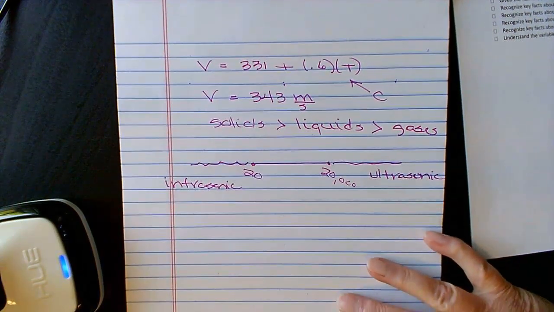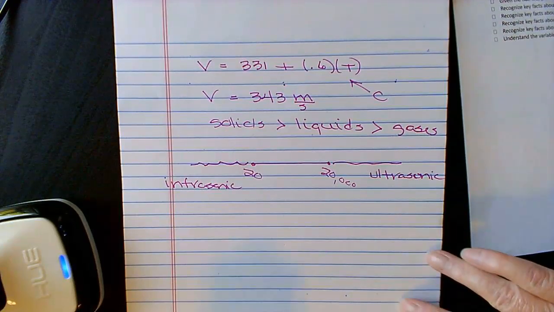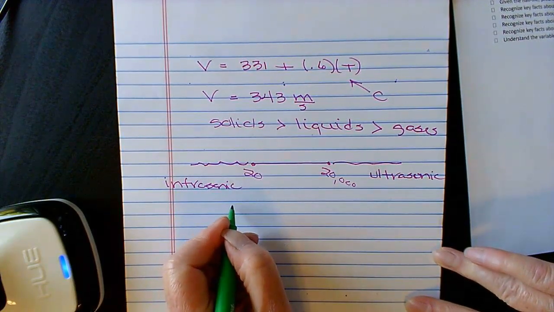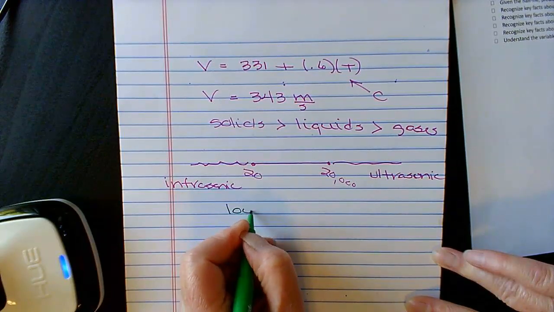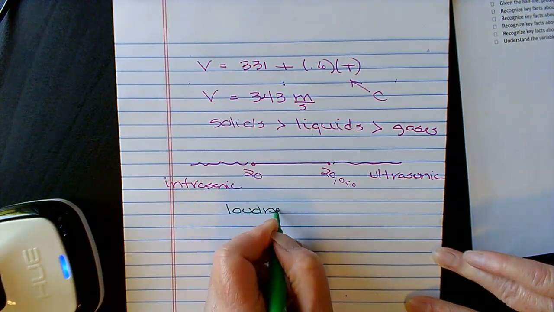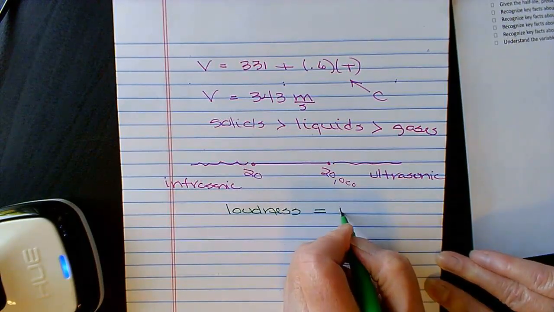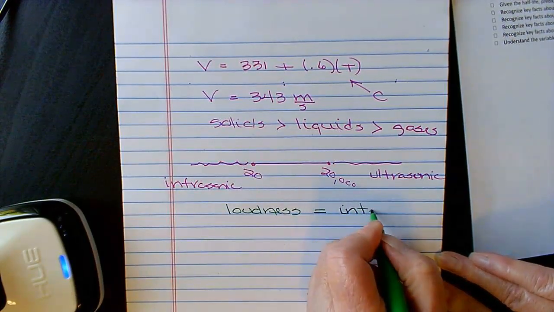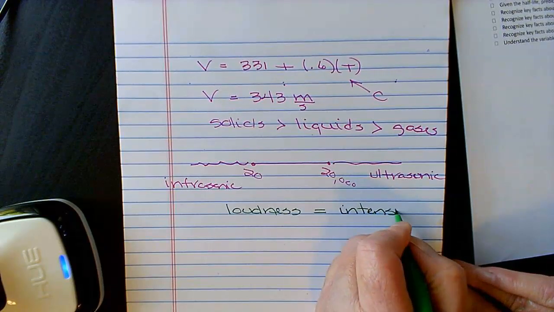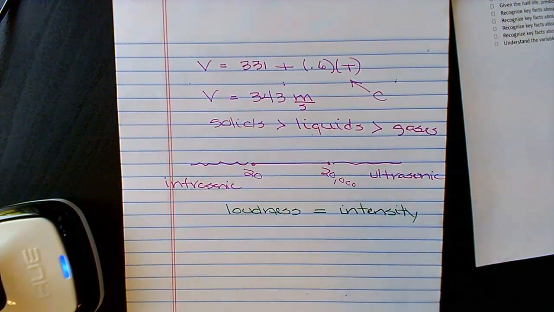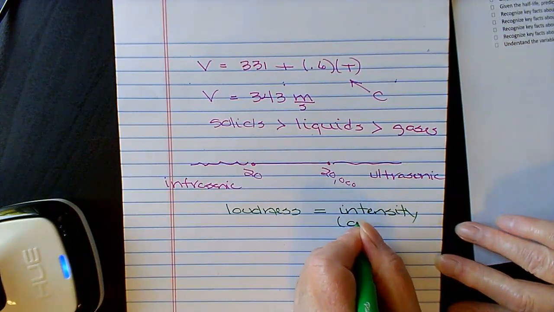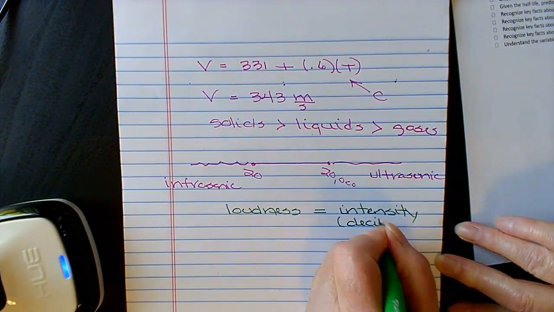All right, we should know a couple of key vocab words. When we talk about loudness, we might disagree whether something is loud or not. But in physics, we can calculate the loudness, and it's called intensity. And so we can mathematically quantify the loudness. And intensity is measured in decibels. That's the unit.